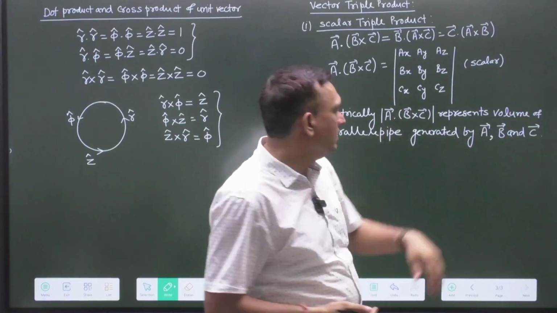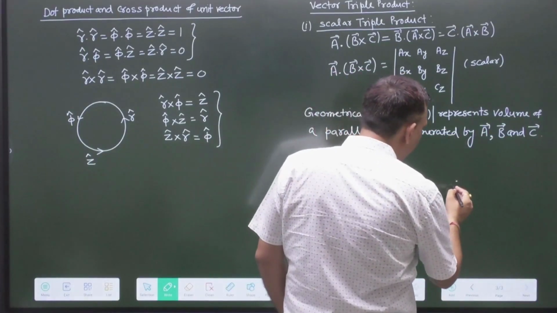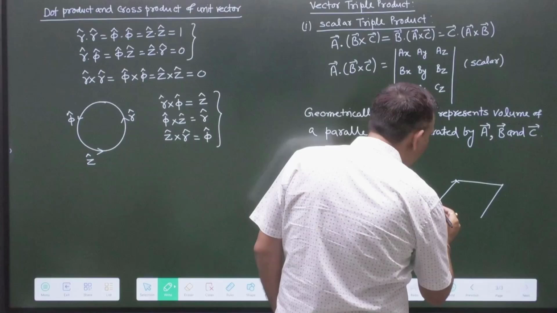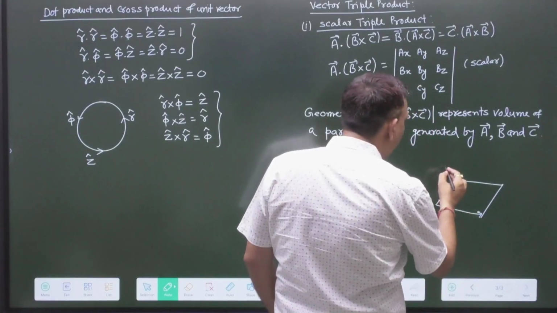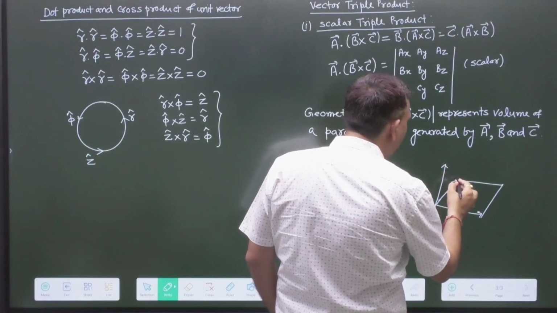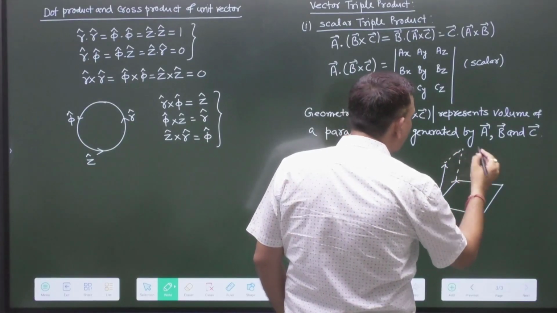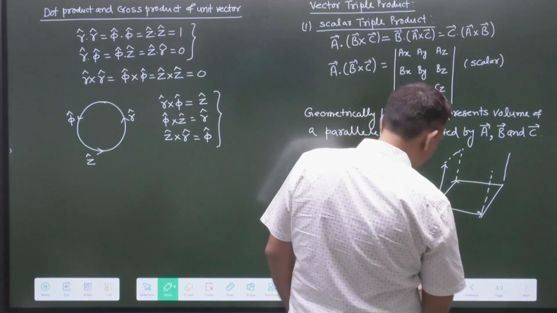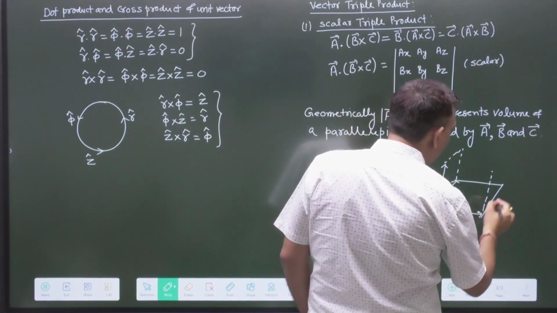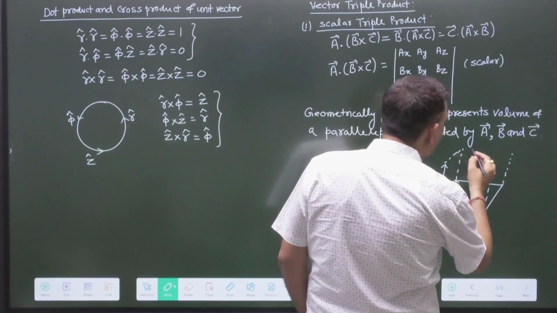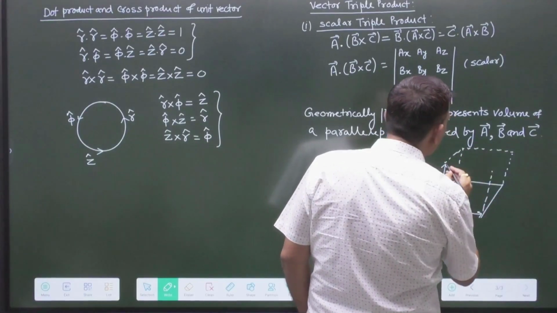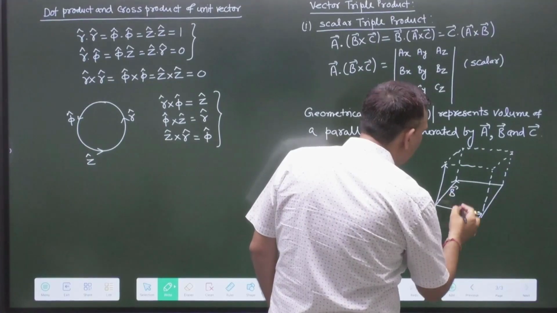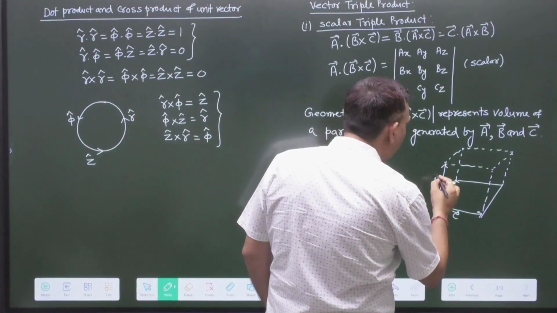Even if they are tilted at some angle, for example, let's say if you have this vector and there is another vector A here, let's say this is B vector, this is C vector and this is A vector.